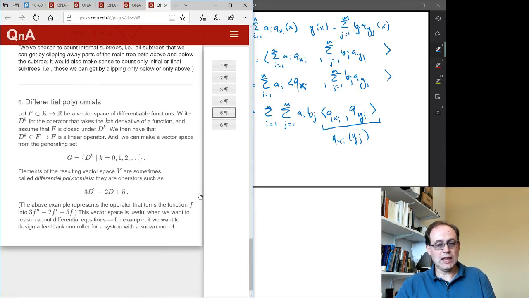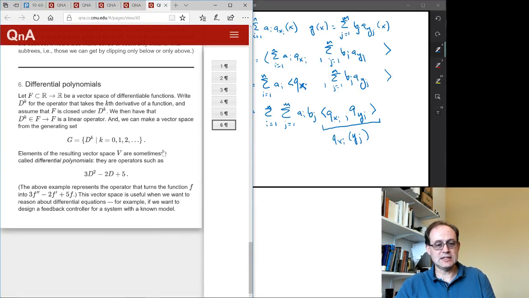All right, and one last interesting vector space that's maybe of a different form. Let's start with a vector space whose elements are differentiable functions. For example, we could make it be the space that we defined earlier, because all of those functions are differentiable. Write d to the k for the operator that takes the kth derivative of a function, and let's assume that our original space was closed under d to the k.